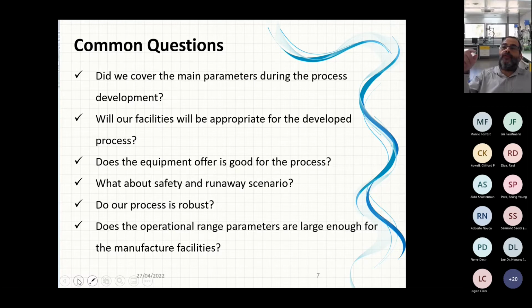But in your point of view, you understand that when you go to the next step, even if you are changing the geometry or the size of the equipment, you are providing a different environment for the process to progress. So the connection between the process and the equipment should be clear. And with your knowledge about the process, you will be able to implement the environment required for the process. This is our job, and this is what the company expects from us.